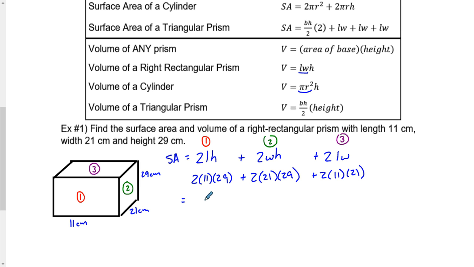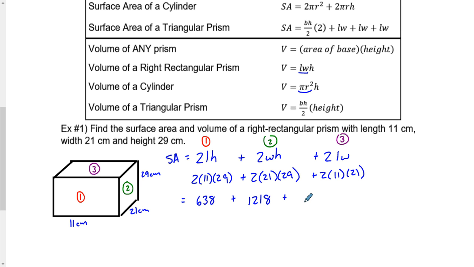So 2 by 11 by the 29, 638, which means that the front and the back would come out to be 638 centimeters squared. 2 by the 21 by 29 would be 1,218. So the right and the left, again, it's not drawn to scale, but it would have 1,218 units of area.